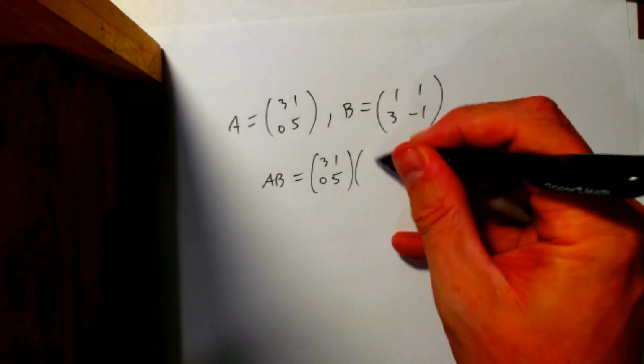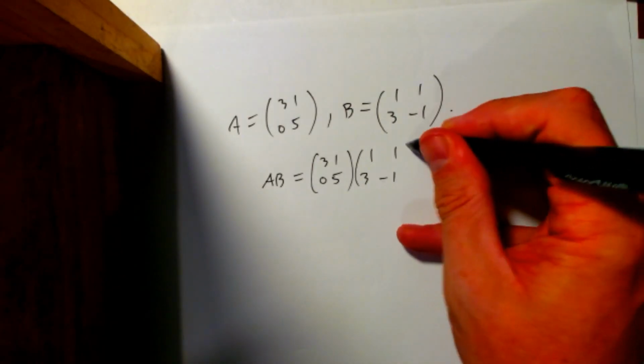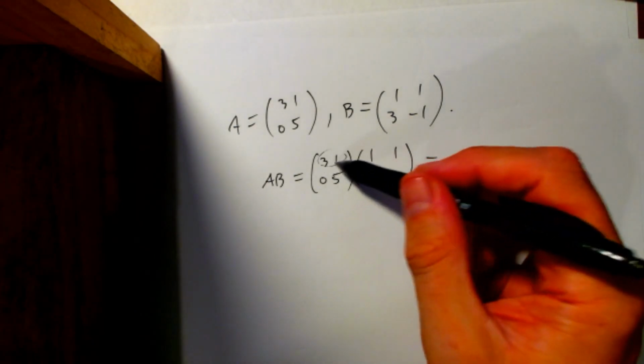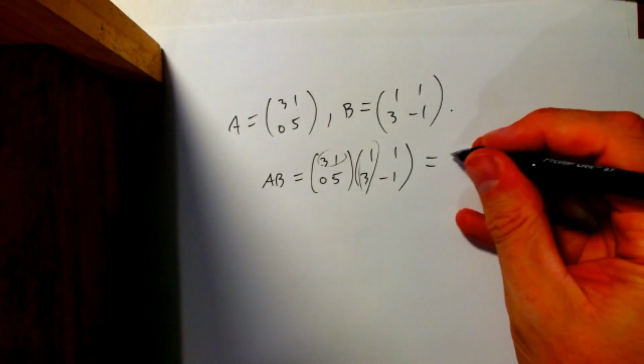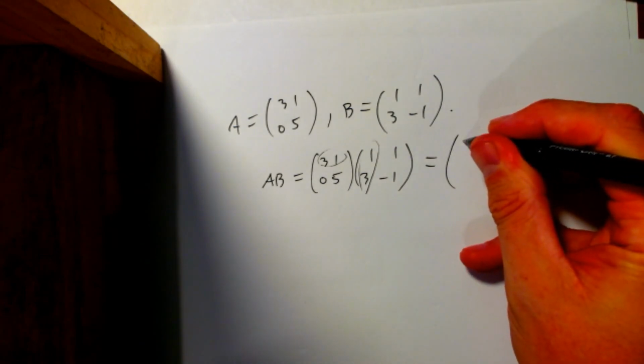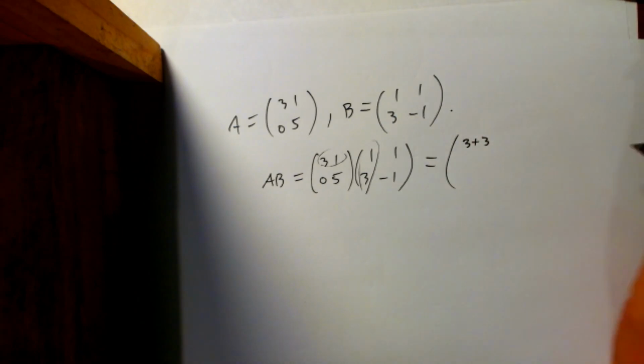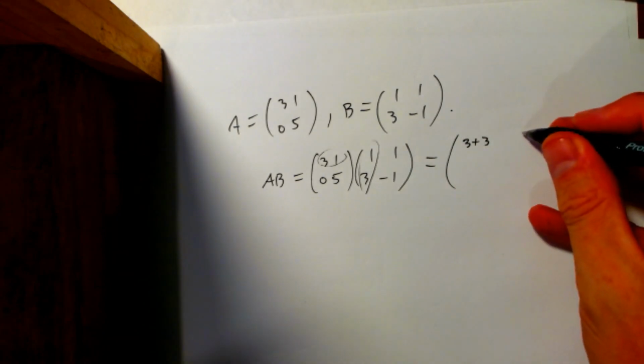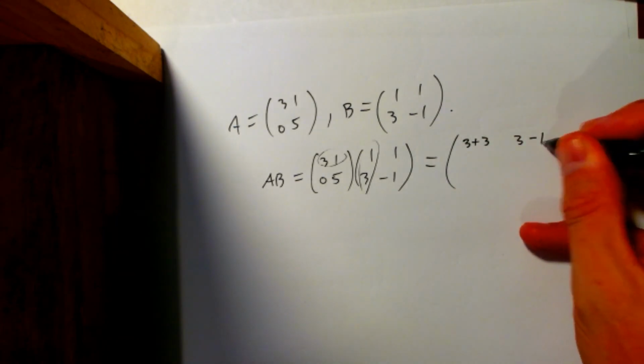Okay, well, so the product A times B, so AB is equal to 3, 1, 0, 5 multiplied by 1, 1, 3, minus 1. And so this is, we just take this row, match it with this column, and put that in the first entry. So we've got 3 plus 3. Then we move on this row, match with this column. So we have 3 minus 1.